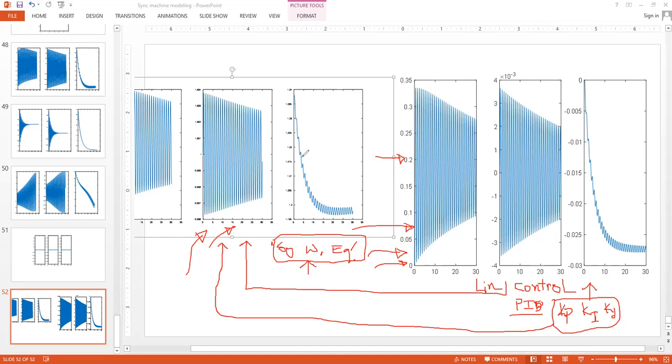Not for the whole nonlinear model, because the controller is not designed for the whole nonlinear model. It is designed for a certain equilibrium point and for the vicinity of that equilibrium point. So this control is not a global controller for this nonlinear block. It's not a globally stabilizing controller.